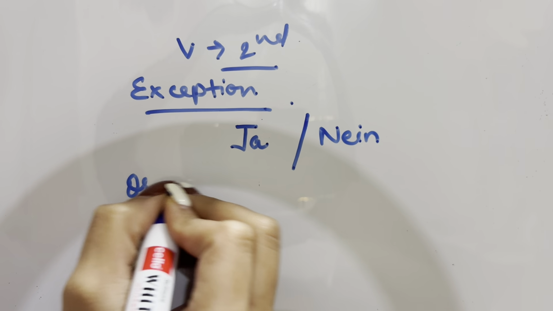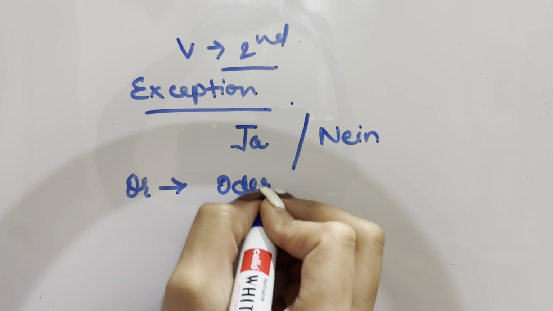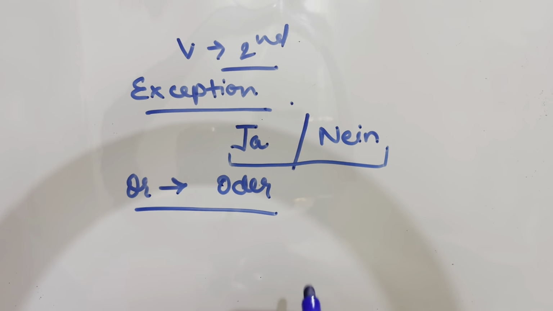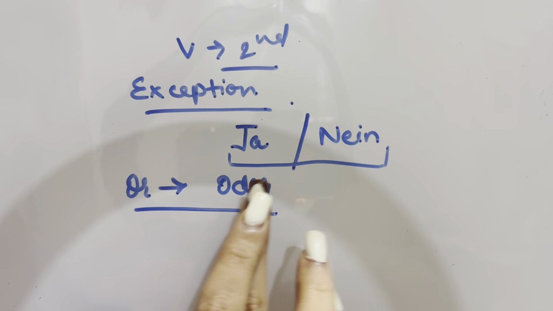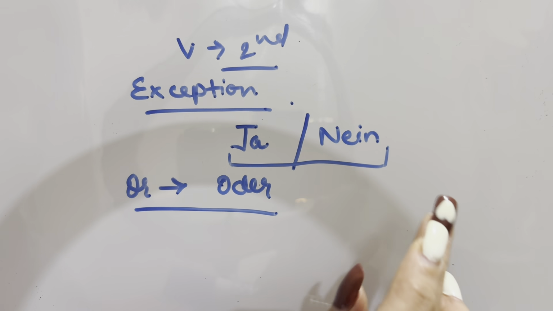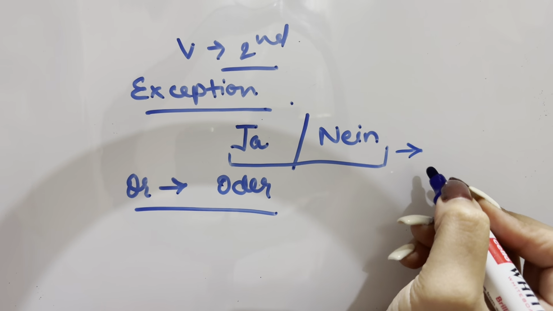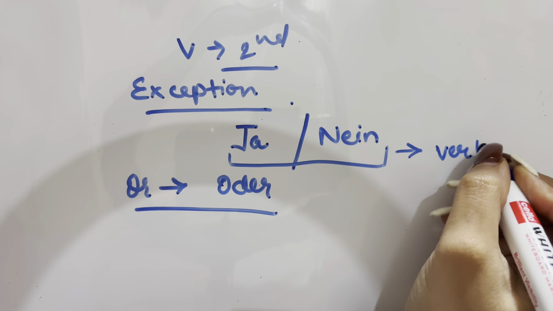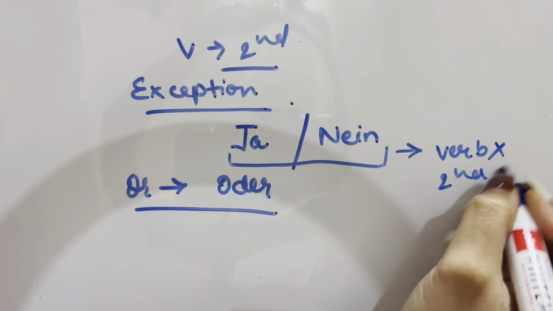In German we call or as oder. So the questions whose answers are yes or no, that is ja oder nein, are an exception, and in this type of question the verb does not take the second place.